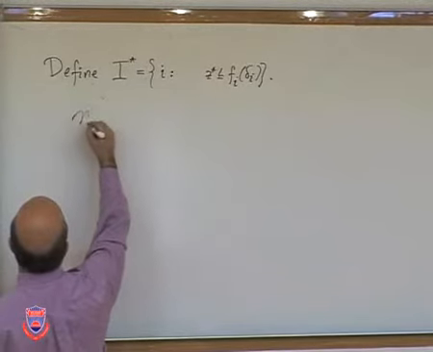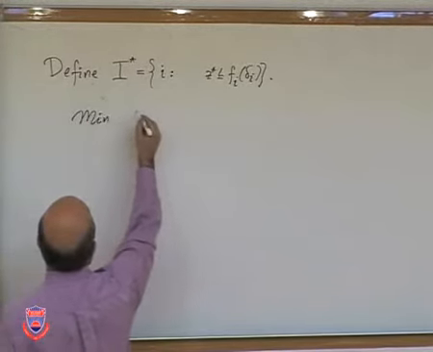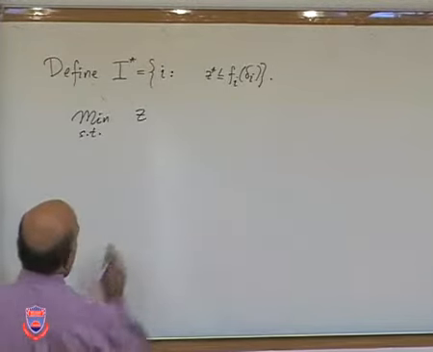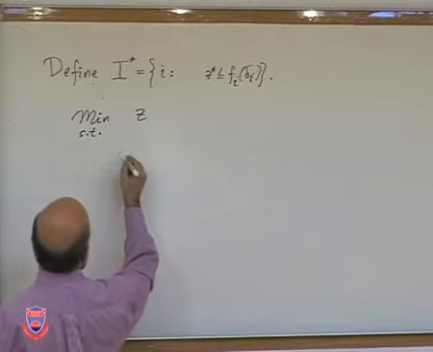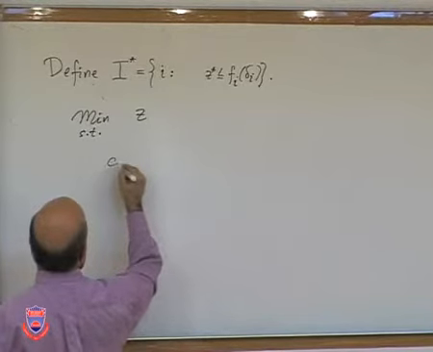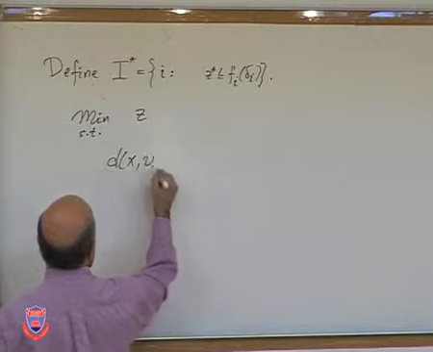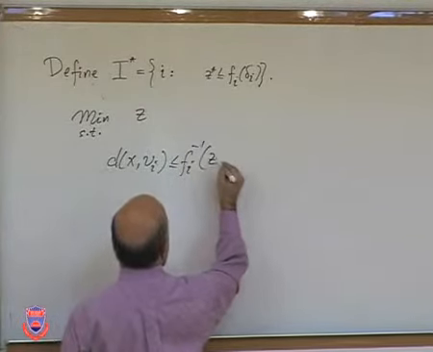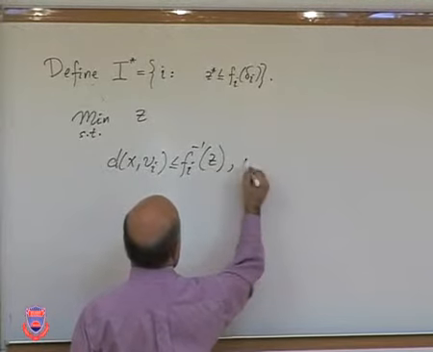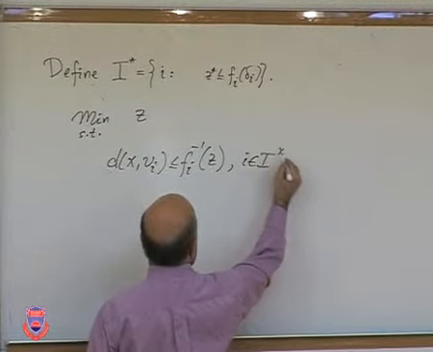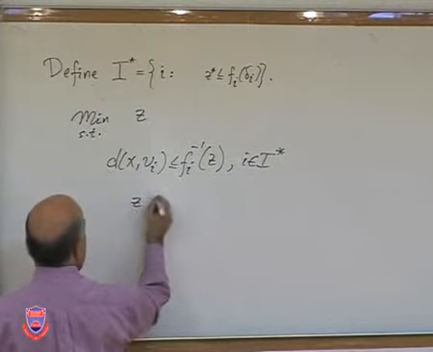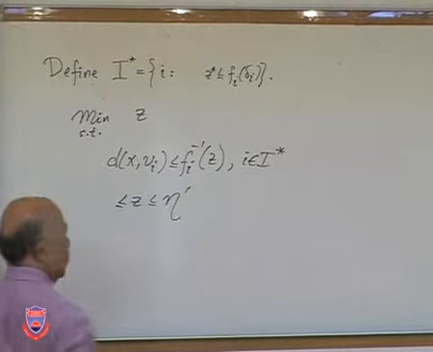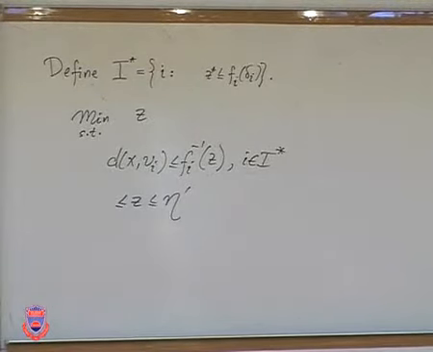let's state the new problem now. Minimize Z subject to d x vi less or equal fi inverse of Z, I restricted to I star, Z restricted to eta prime, because I have to recompute my eta.